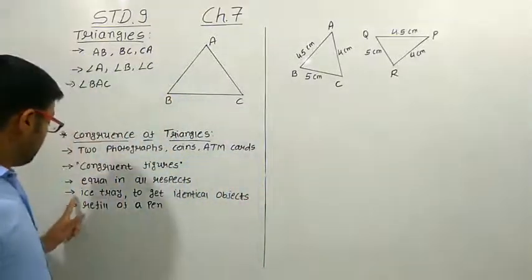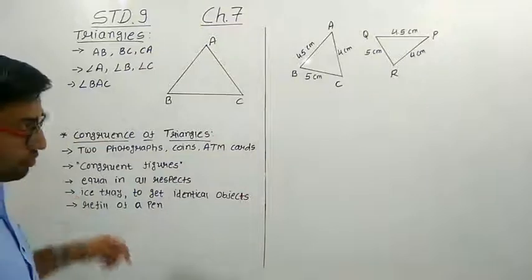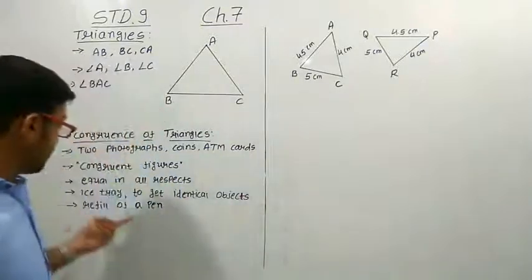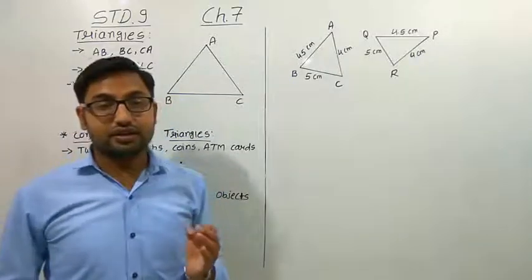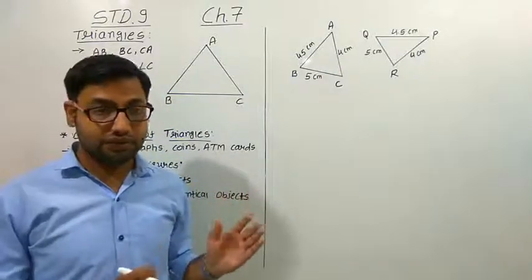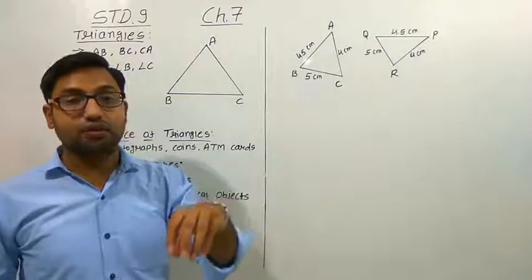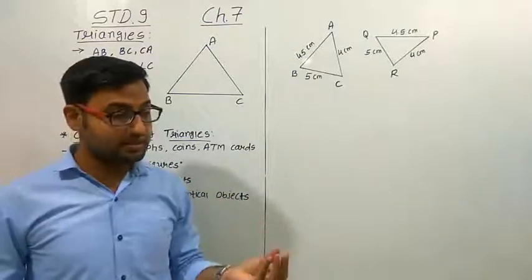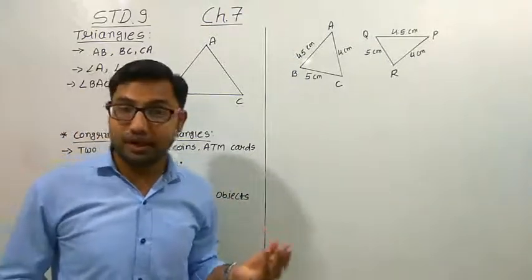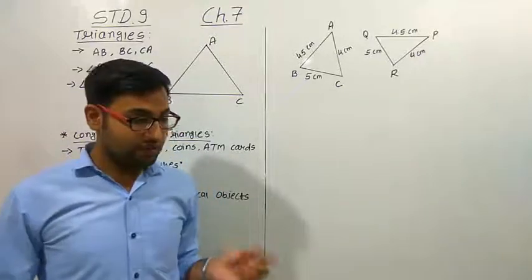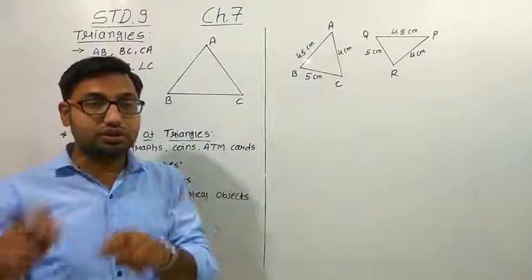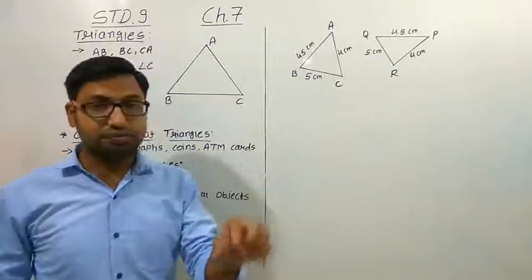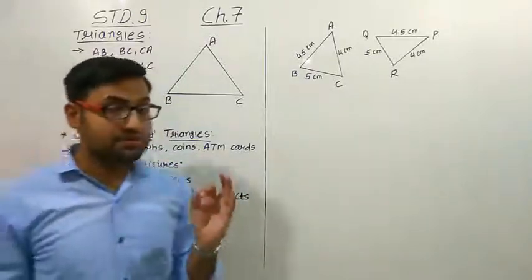Okay, now why do we use congruence of triangles? The example we have is the ice tray. The ice tray that we have in our fridge, you can see that whatever shape we put here, we get the same shape of ice cubes, right? If it is a square shape, then all the shapes are equal.